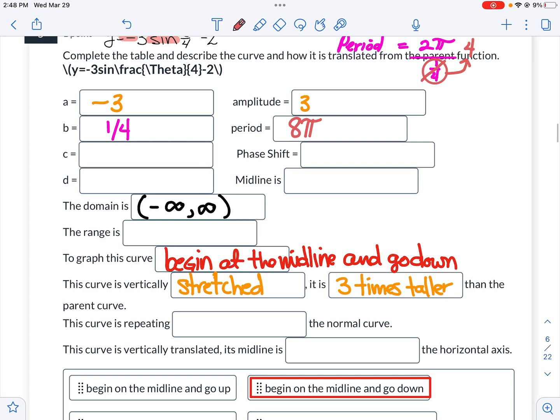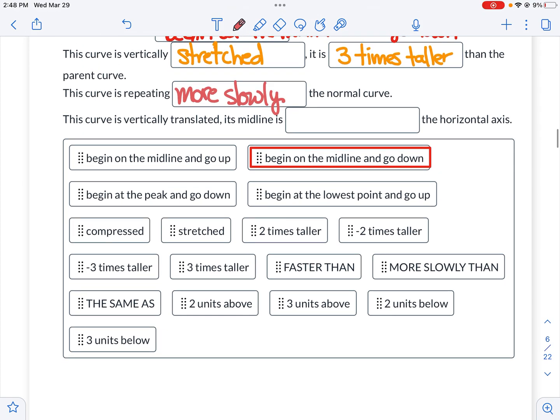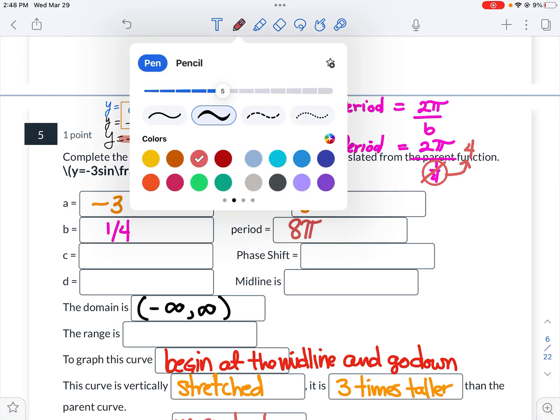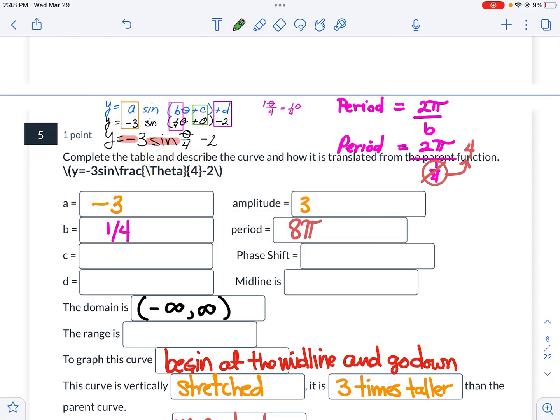That means it is going to be slow. This curve is repeating more slowly than the normal curve. C is 0, and as long as that is 0, this is none.